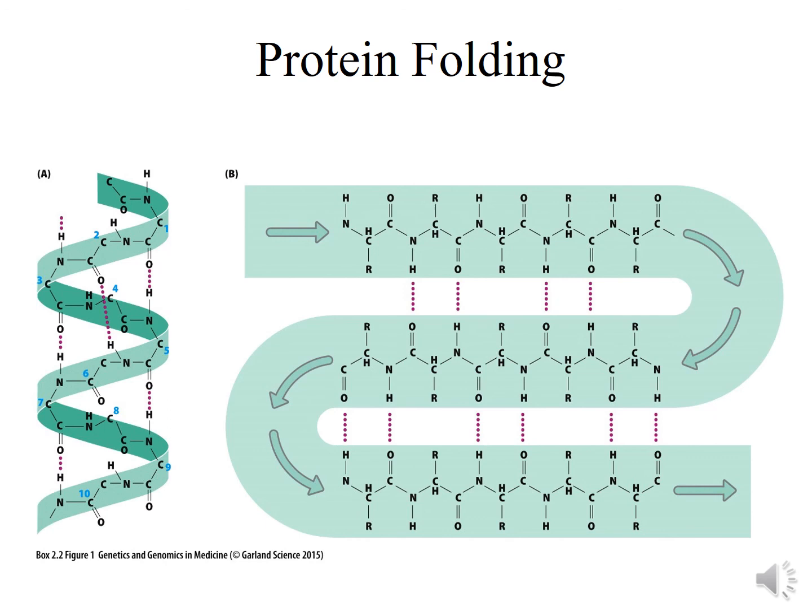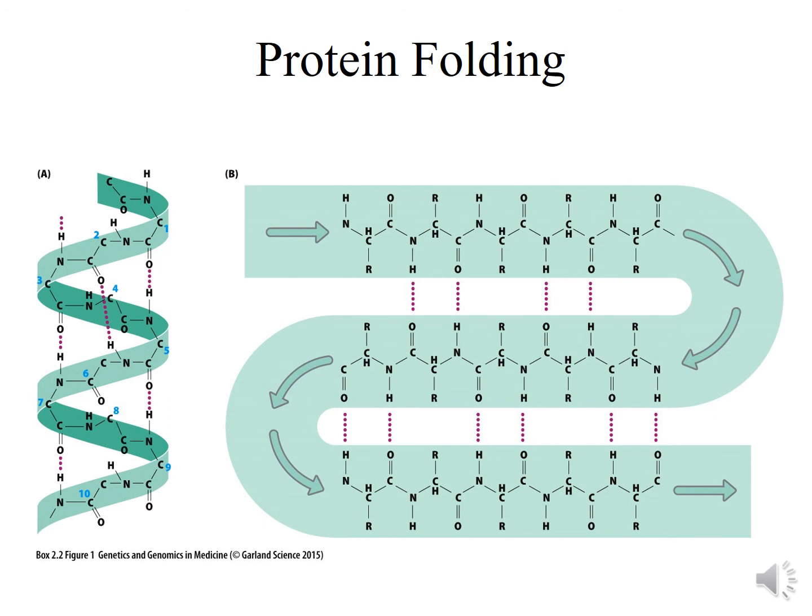Shown in this slide are the elements of protein secondary structure. On the left in A, we see an alpha helix. The solid rod-like structure is stabilized by hydrogen bonds between the oxygen of the carboxyl group of each peptide bond and the hydrogen on the peptide bond of the fourth amino acid away, yielding 3.6 amino acids per turn of the alpha helix.